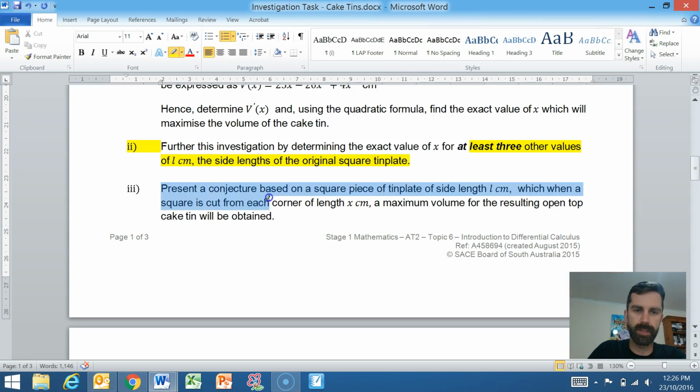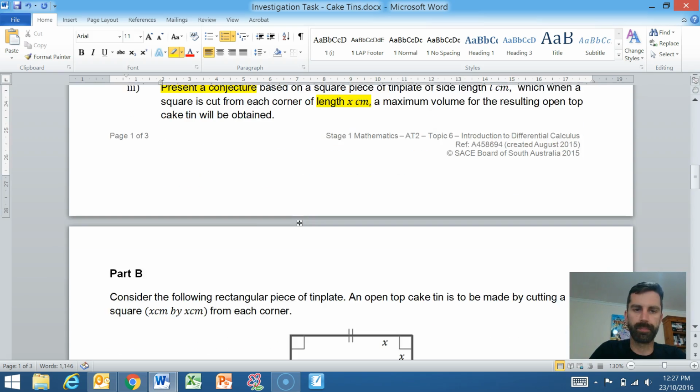Then you need to present a conjecture, a relationship between the length L and the square of size X centimeters that will give you maximum volume. So that's one conjecture.